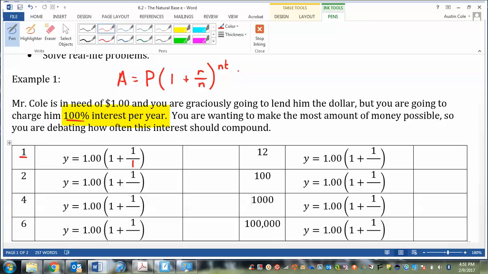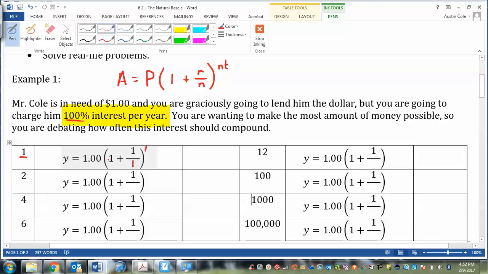After 1 year is up, I'm going to pay you back the money that I owe you. So the number of times we're going to compound is 1 times the year, which is 1, so this just becomes 1. I am going to have you do some calculations for me, and I will do them also right now. I'm going to take 1 divided by 1, which is 1.